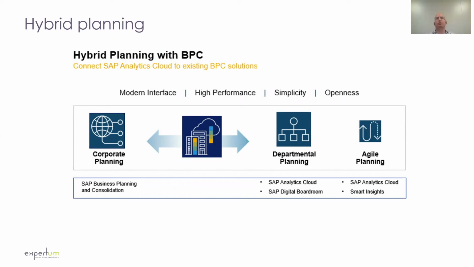So input from line of business can be done either via Analysis for Office, because you have a BPC environment, but it could also be done via SAC, and then pushed back into your BW system and the corporate planning model, where all the data resides.